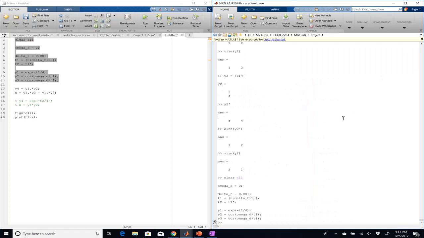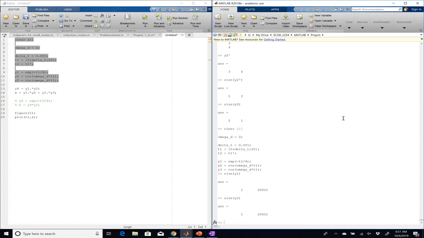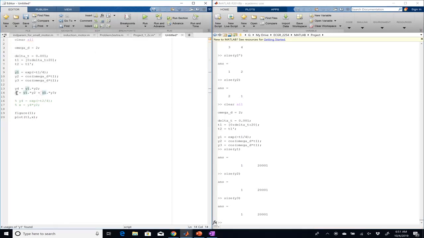Okay. So I do size y1. So y1 has 20,001 columns. y2 has 20,001 columns. y3 is the same. So to do the operations properly, I'll call this one y.